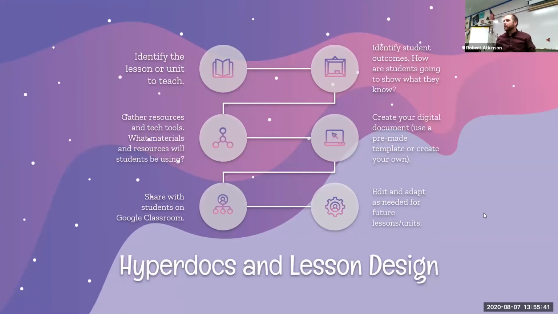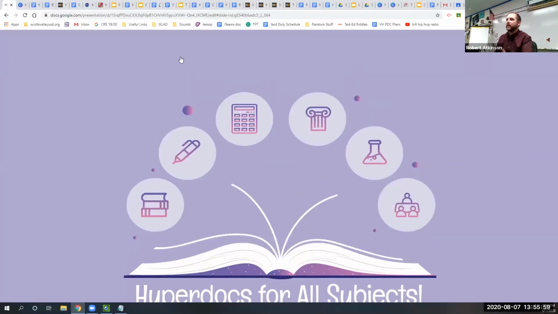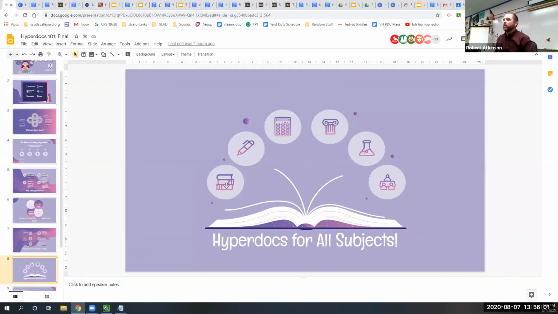All right. So the great thing about Hyperdocs is that you can use them for any subject. And so each one of these is a link to a different Hyperdoc. And I'm actually going to exit out of my presentation because I don't want to take the time to open these links right now because I already have them open.